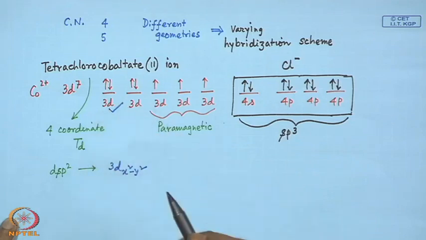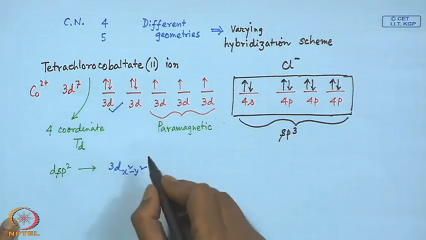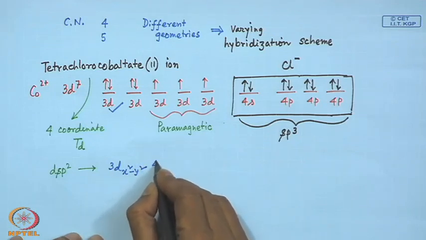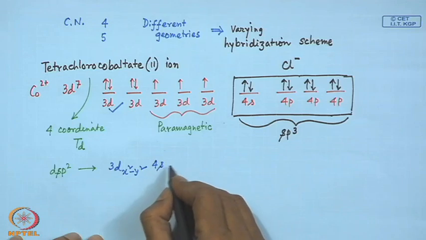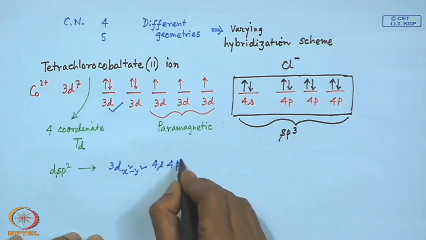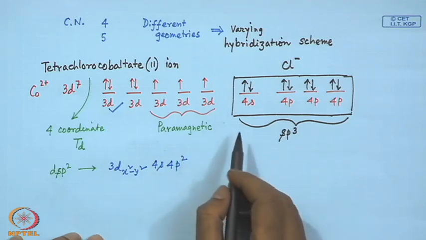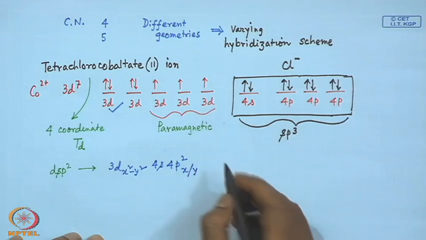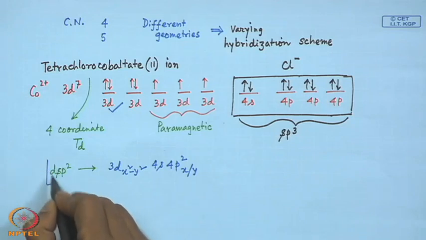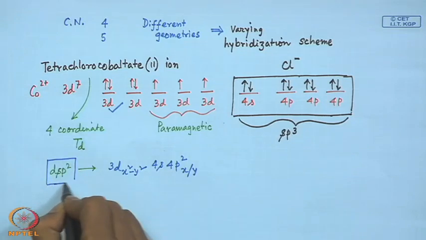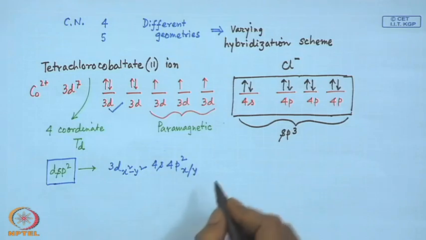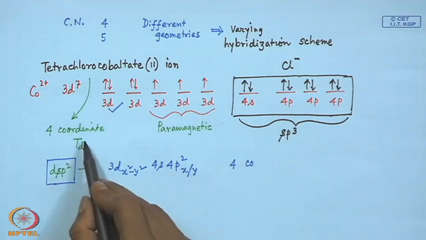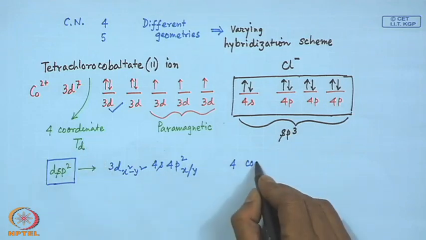So one of the d levels is now utilized for hybridization, then 4s is utilized, and two of the 4p levels, that means x and y, giving rise to a hybridization scheme for dsp2, which is therefore 4 coordinate again, but is completely different from the tetrahedral geometry.